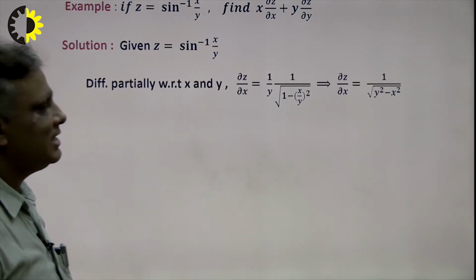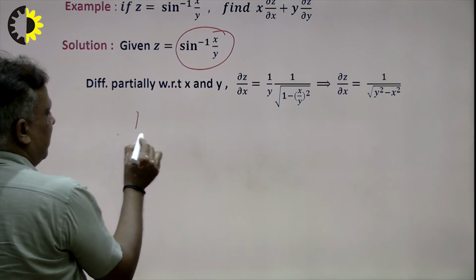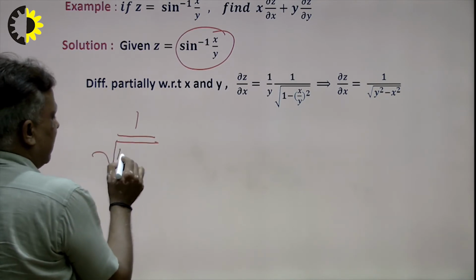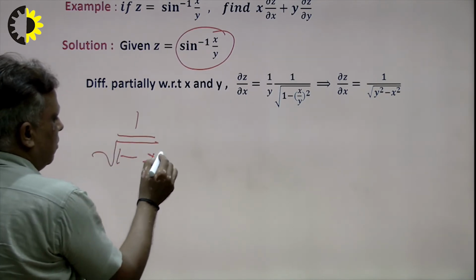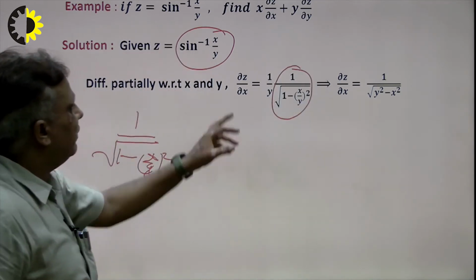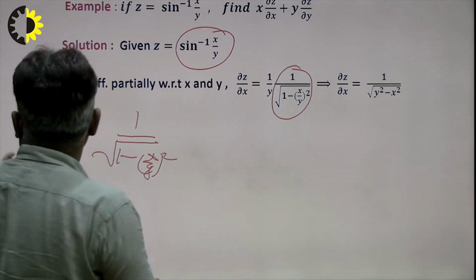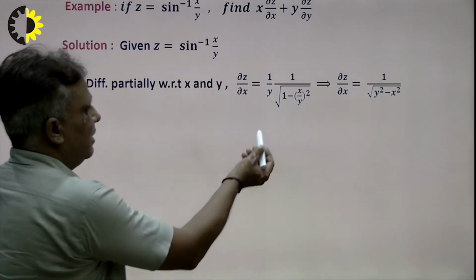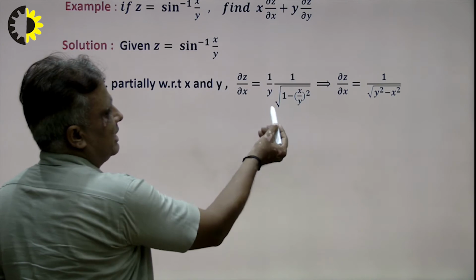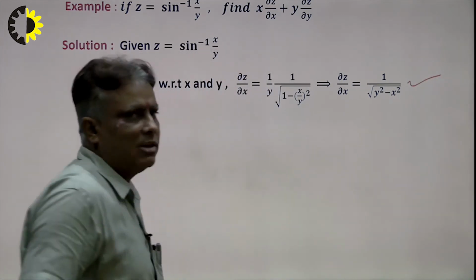The differentiation of sine inverse gives 1 upon under root of 1 minus (x upon y) whole square, and the differentiation of x upon y with respect to x gives 1 upon y. In this way, y² goes to this side and y upon outside, y cancels out. So this will be the value of ∂z/∂x.